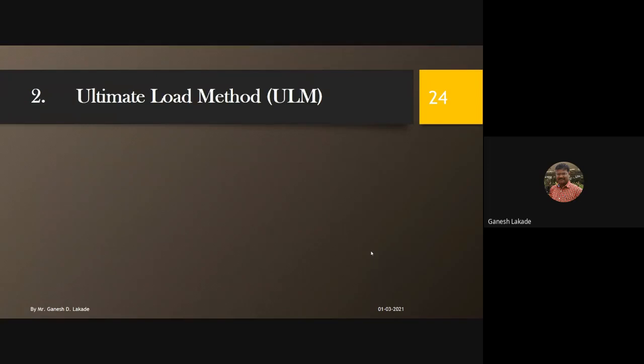That is, the dimensions of the sections are much larger, and the load considered in the working stress method is only the working load and the stresses developed at the working load; only those are considered in the design.